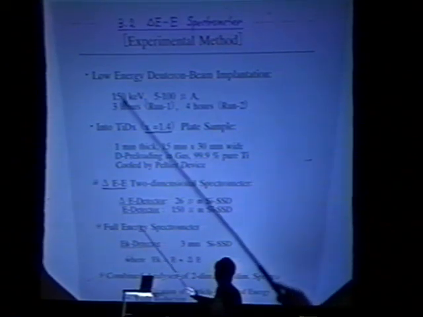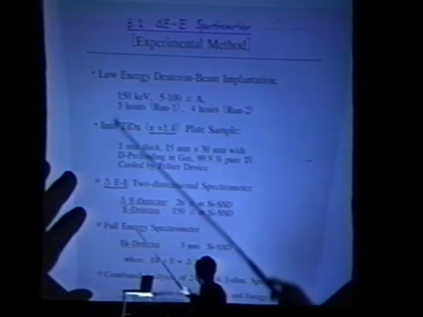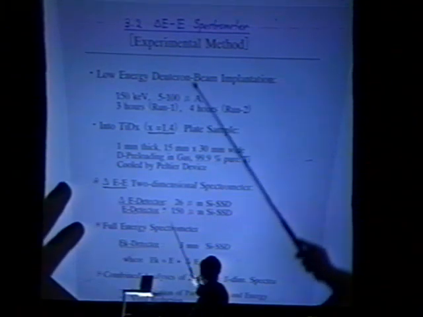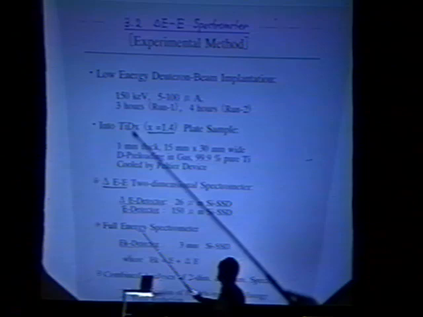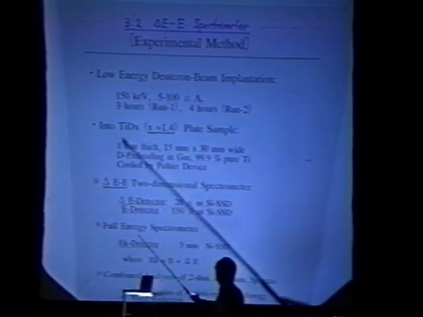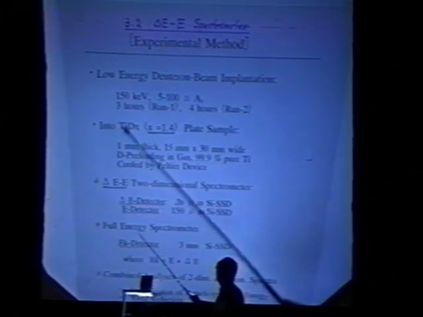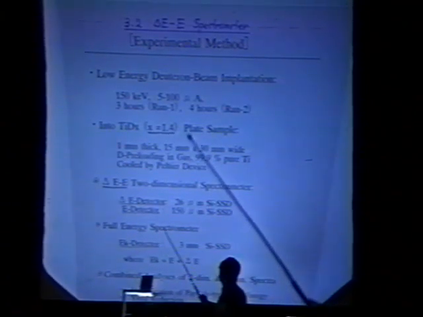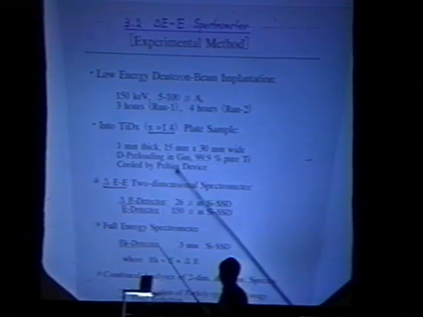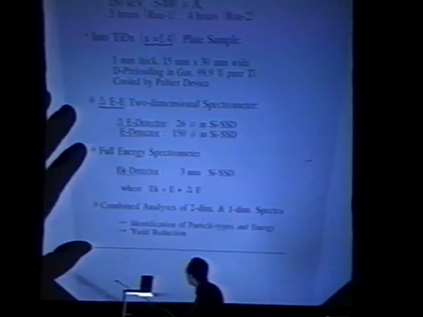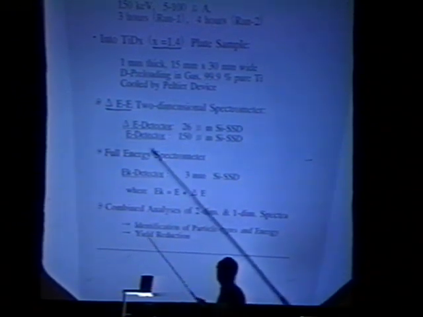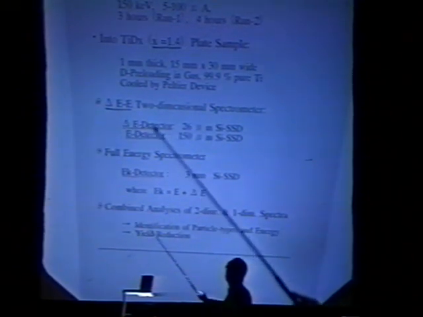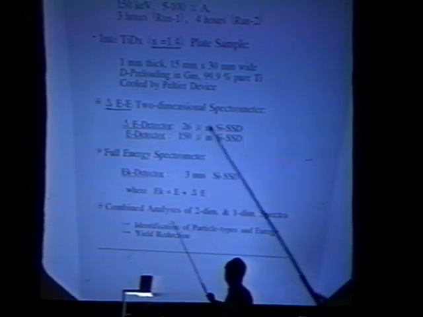This is a typical experimental condition for the low energy deuterium beam implantation. And this is a case I already presented on Monday, using a highly preloaded titanium sample. But it's not the essence. The essence is the methodology of the counter telescope using delta E. For the delta E detector, in this case we use a rather thick detector.